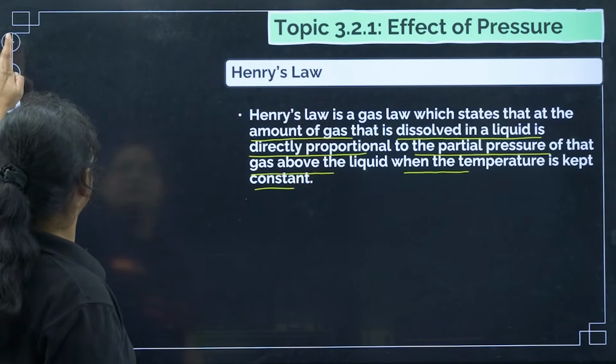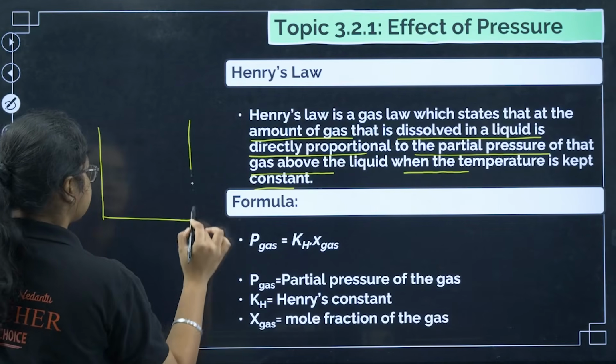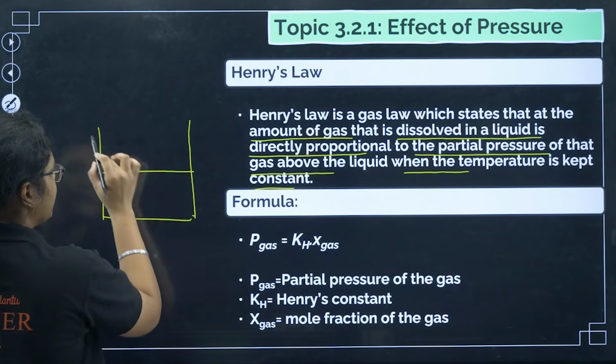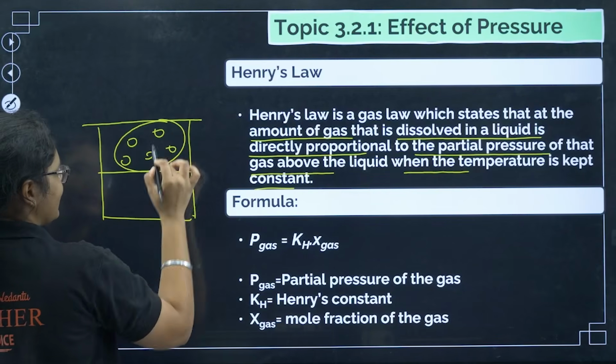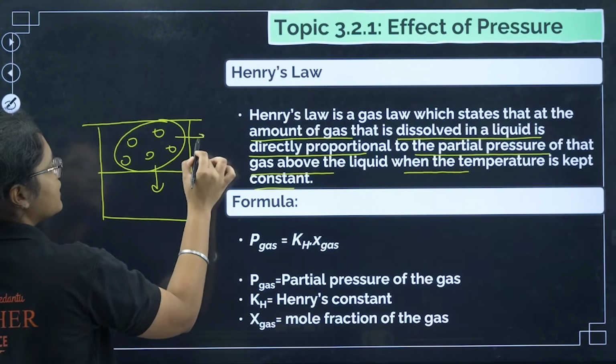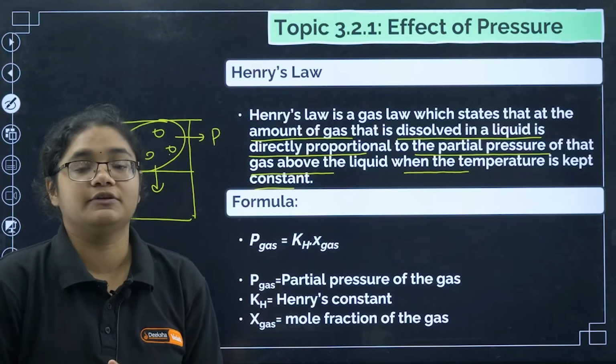That means if I have a liquid here and some gas here, the solubility of this gas in the liquid depends on the partial pressure of the gas. So how much gas is present, that much it will be soluble.